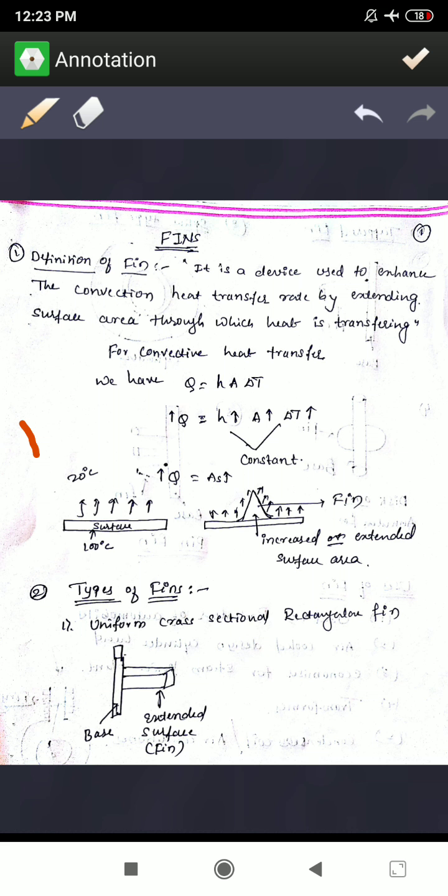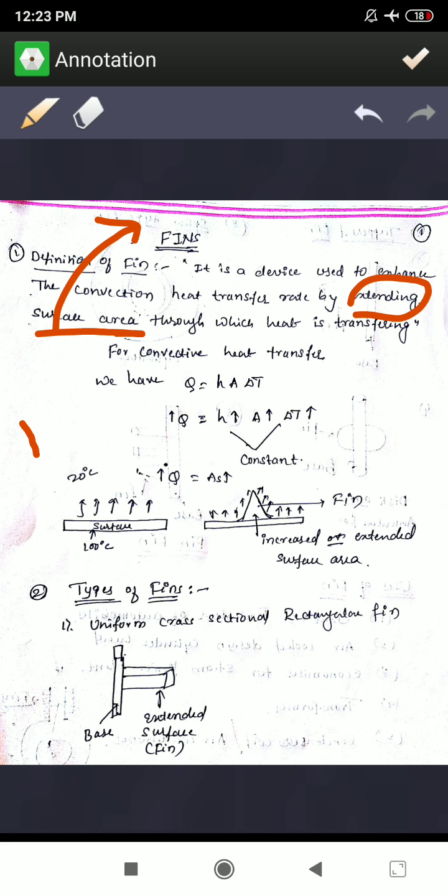So this is by extending the surface area, so that extending surface area is called a fin. Whatever the extending surface area is there, that is called a fin. That fin is used to enhance or increase the rate of heat transfer through the convection mode of heat transfer.